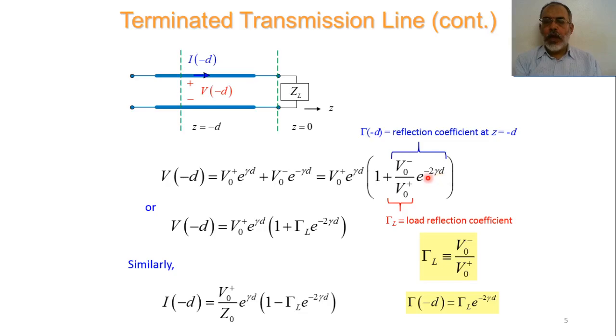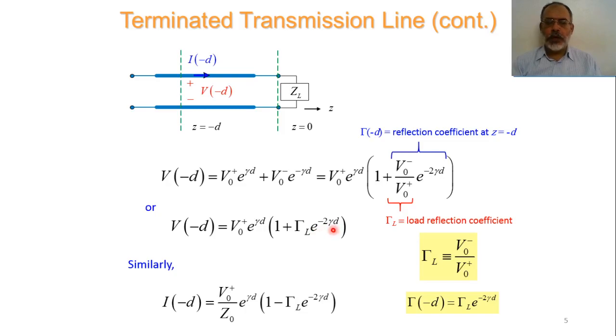And v naught minus over v naught plus will be replaced by gamma load. So effectively the voltage at z equal minus d equals the forward propagating voltage v naught plus e to the power gamma d multiplied by 1 plus the reflection coefficient gamma load multiplied by e to the power minus 2 gamma d.